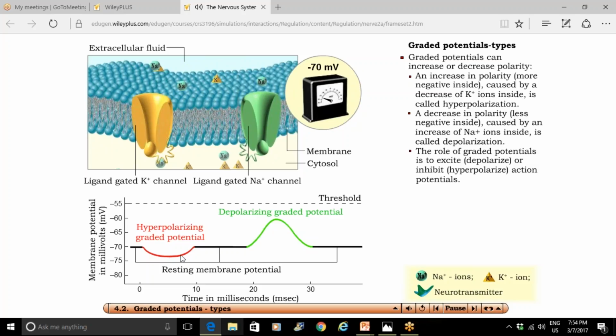Okay, hyperpolarizing, making it more negative by either opening up chloride channels or letting more potassium out, or it can let more sodium in and push it closer to threshold. And we know once it gets to threshold, we're going to have an action potential.